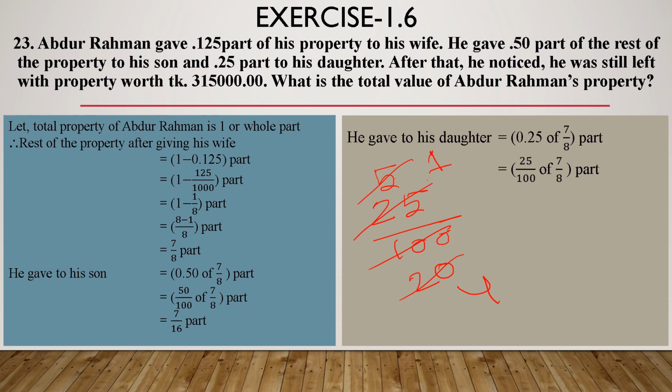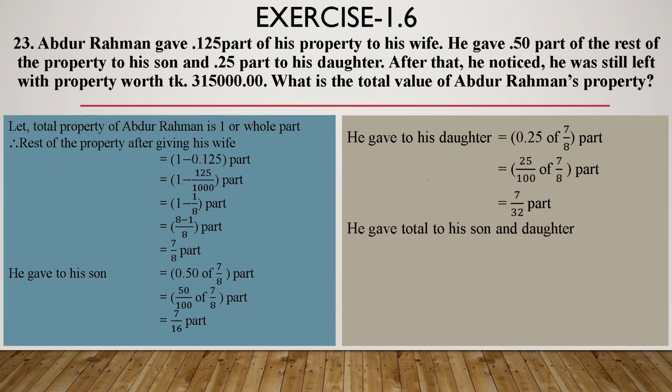So we can easily write this reducing part, 1 by 4. So 8 4s are 32 and 7 1s are 7, so 7 by 32 part he gave to his daughter.